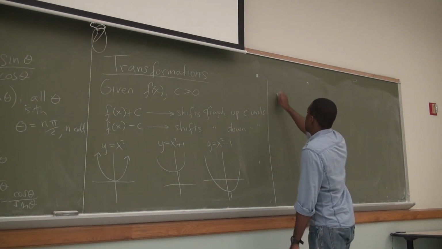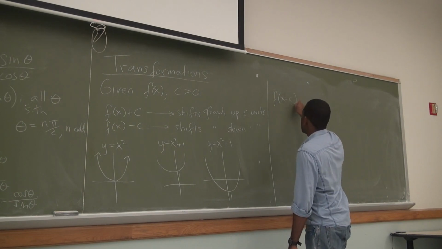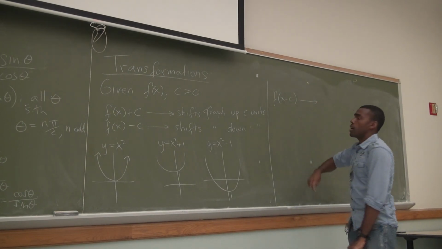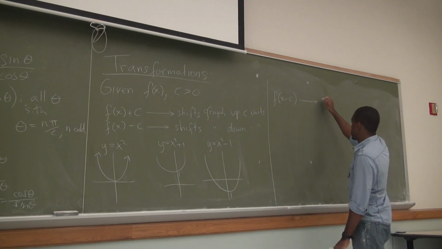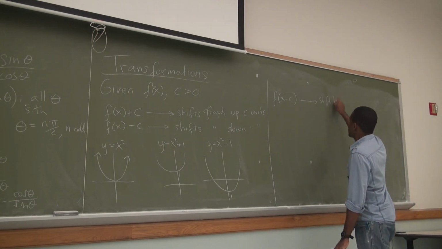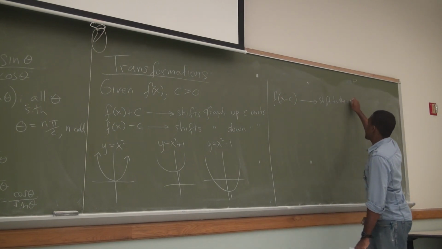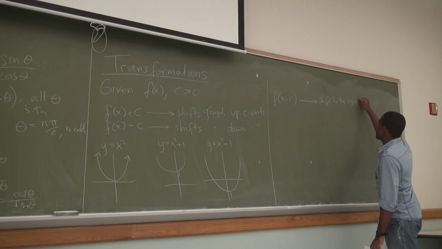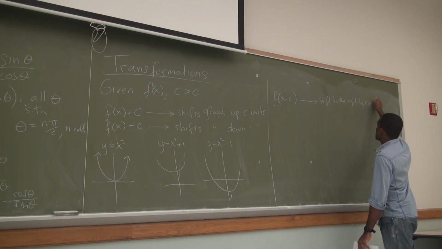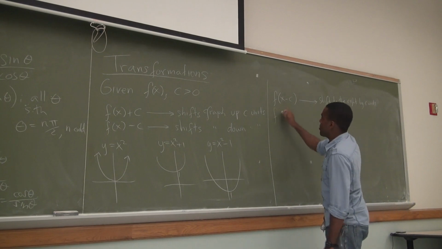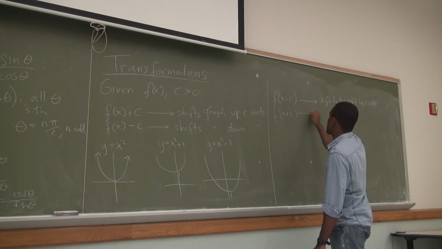If you have f of x minus c, which way does it go? To the right. Shift to the right by c units. And if you have f of x plus c, to the left.